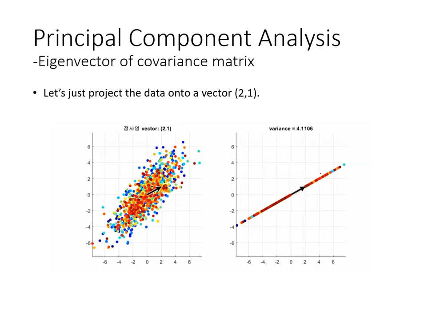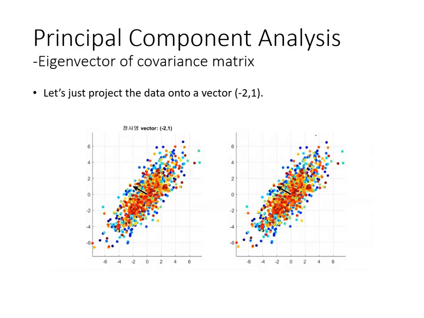But is this the best? No, I don't think so, because the variance of the projected data is not the biggest. You can see the variance in the next video.